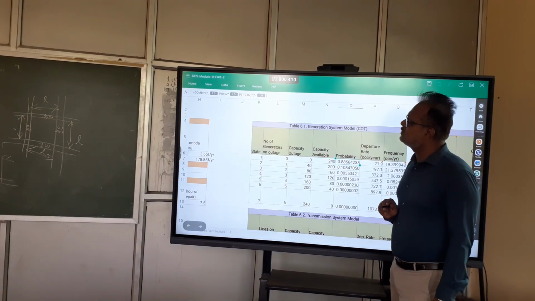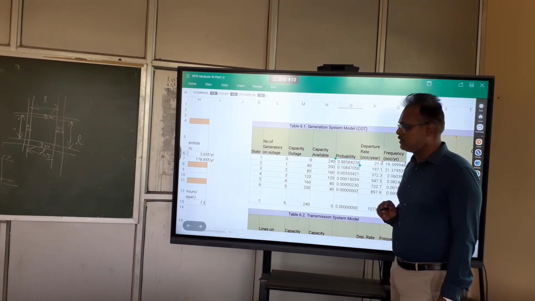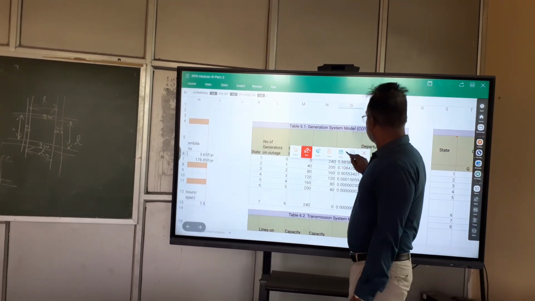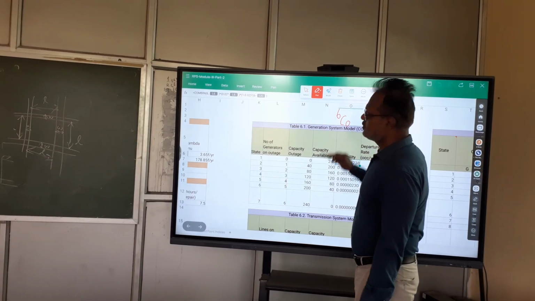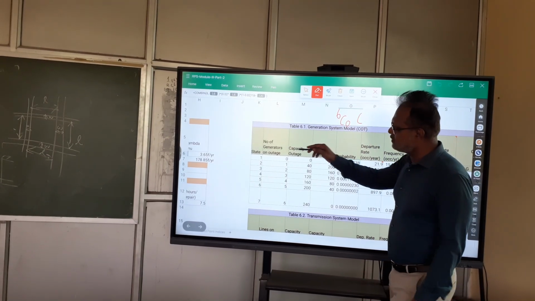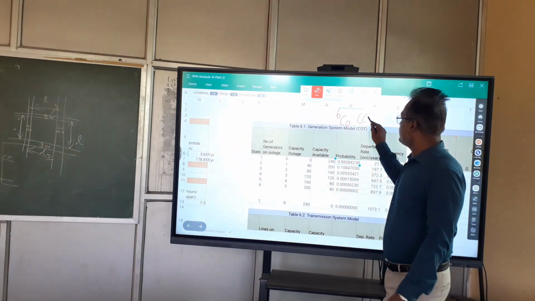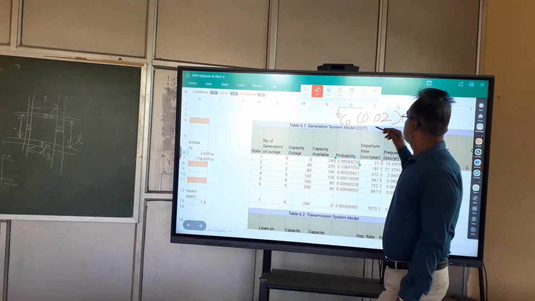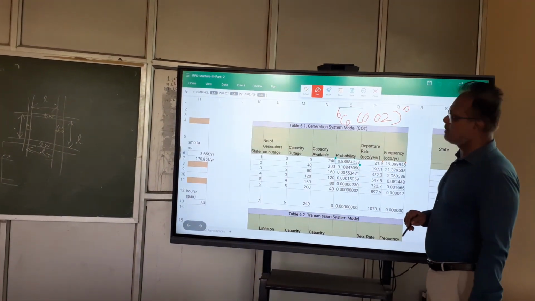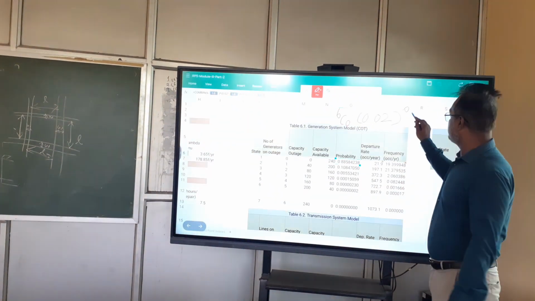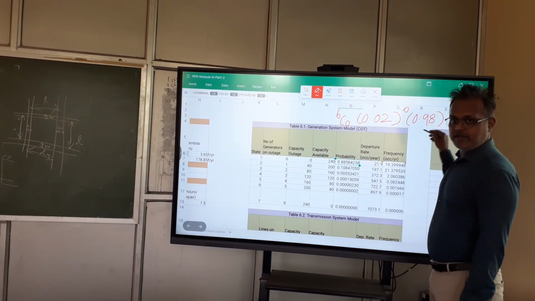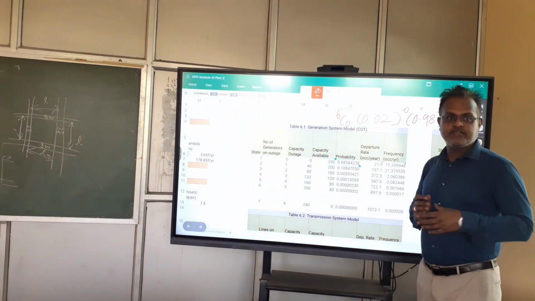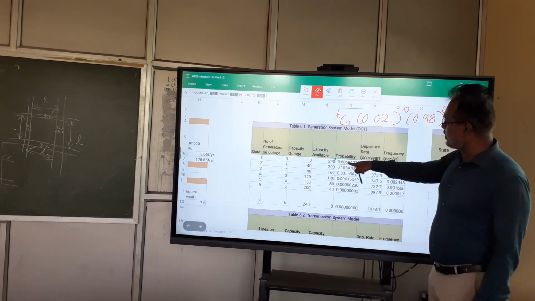We use the same formula. What is the formula? Total generated is 240. What is the failure rate? 0.02. 0.02 to the power 0, because no generator is out, into 0.98, that is availability, 1 minus 0.02, to the power 6 minus 0, that is 6.